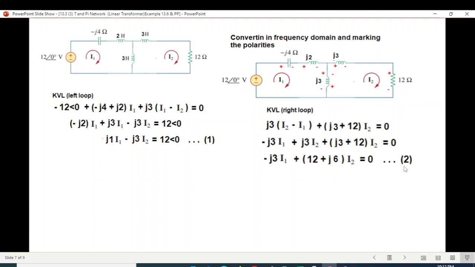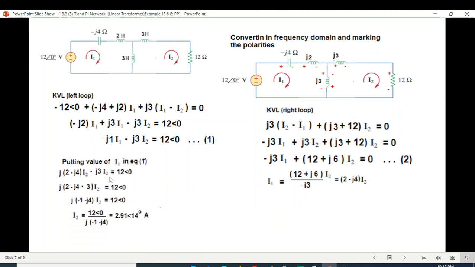Now I'll show you how to work with the substitution method. So let's do that. From here, we collect the value of I1 like this. Using our calculator, you get 2 minus j4 I2. Now we put this value here.